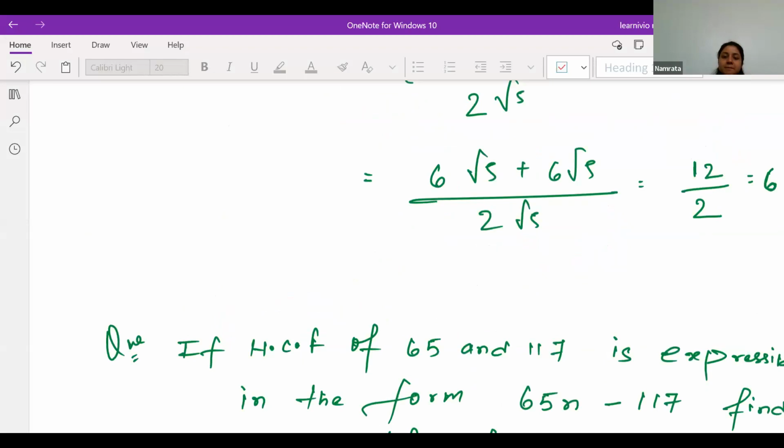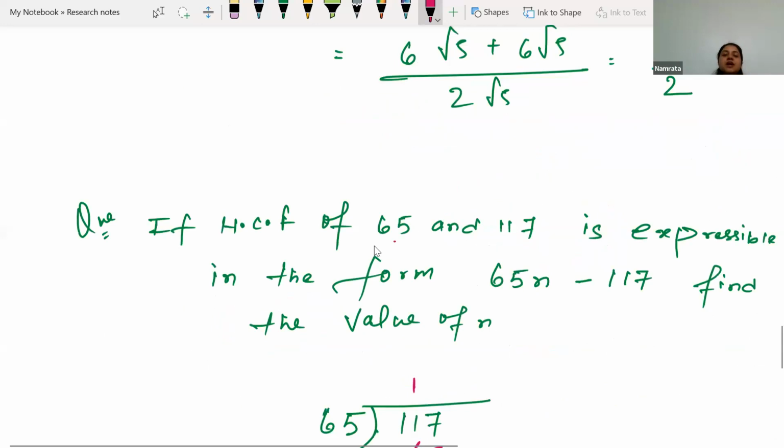Okay. The question says if the HCF of 65 and 117 is expressible in the form of this. So HCF we got 13. Now 13 is expressible in the form of the given expression.